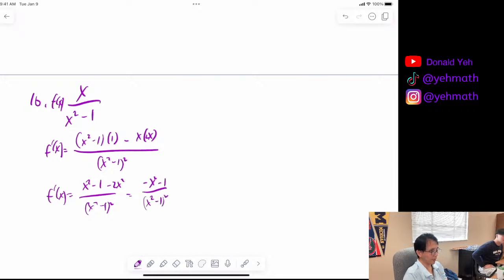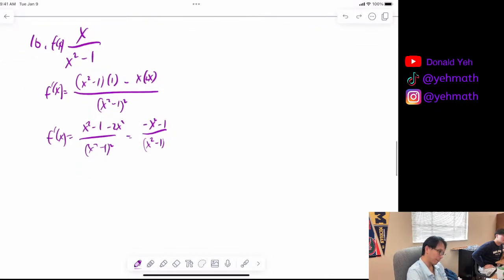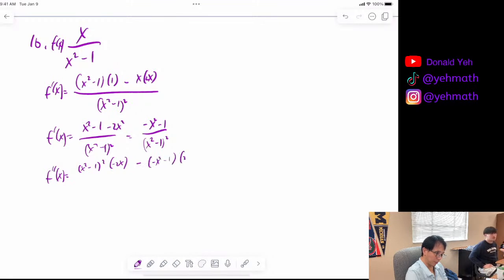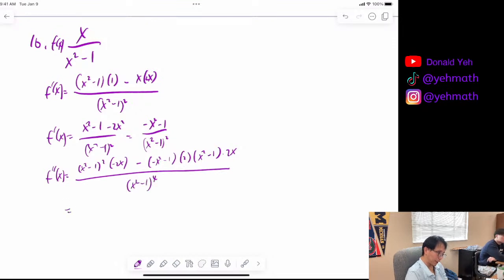They cannot cancel, by the way. But you can take a second derivative. So it'll be low d high minus high d low. I can factor out the x squared minus 1.